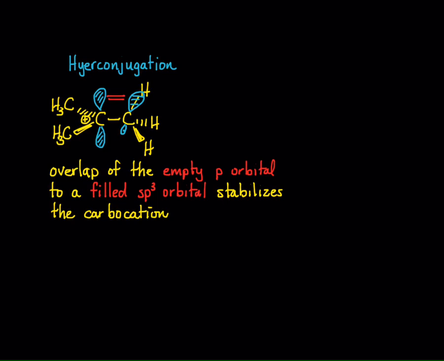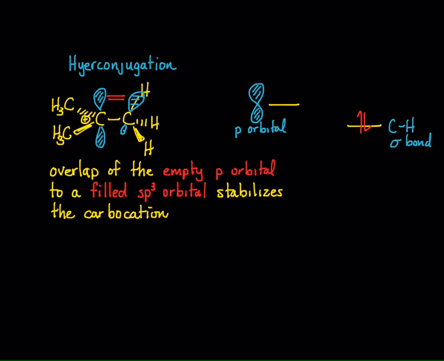So here we have the overlap of the empty p orbital with a filled sp3 orbital, and so it helps to stabilize the carbocation. We can envision this in terms of molecular orbital theory by thinking about this empty p orbital and how it's going to mix with the carbon-hydrogen sigma bond, right?